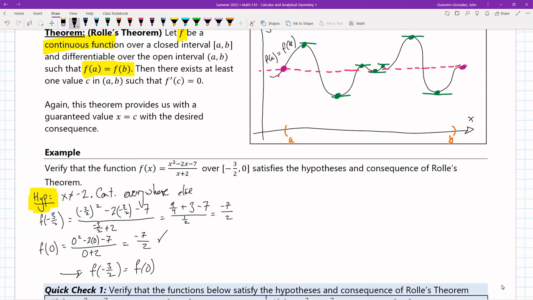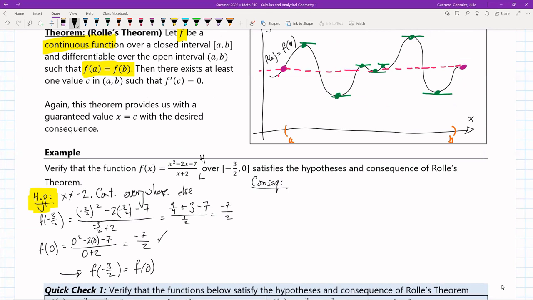So now I'm going to put over here the consequence. The consequence basically says, therefore, f prime of c is equal to 0. We can find a value c where it is equal to 0. So let's go ahead and try to compute that out. So we have a high and we have a low.